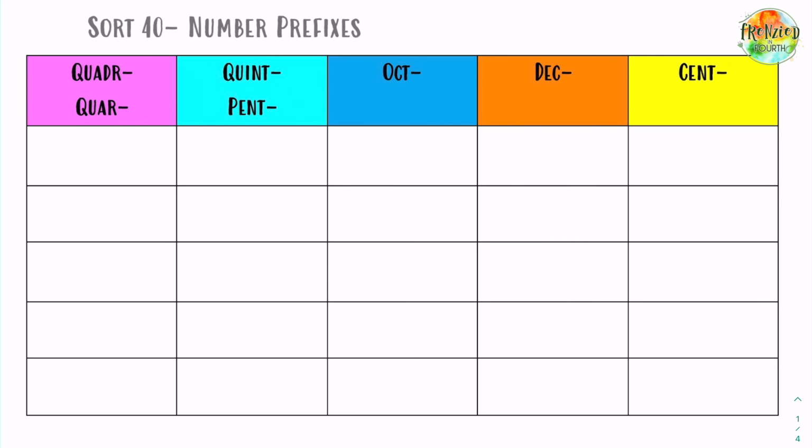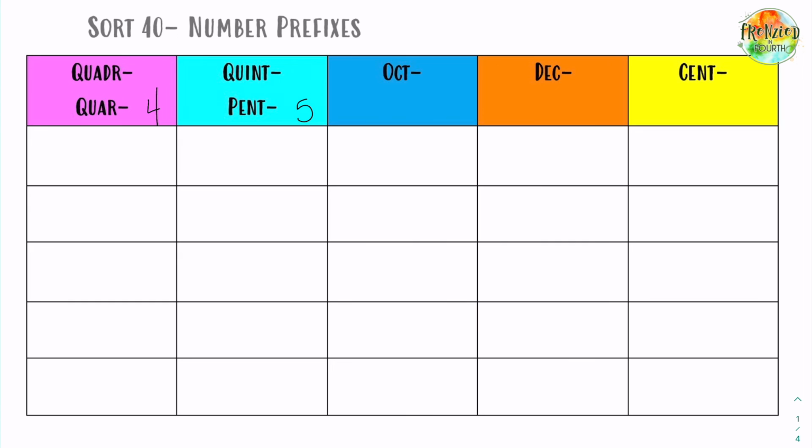For the quad, first, you may be really familiar with this. We have 4 quads in a school year. So quad means 4. The Latin quint and the Greek pent mean 5.